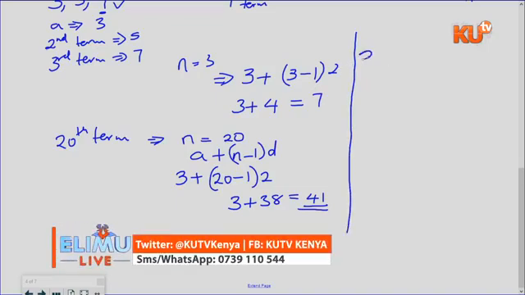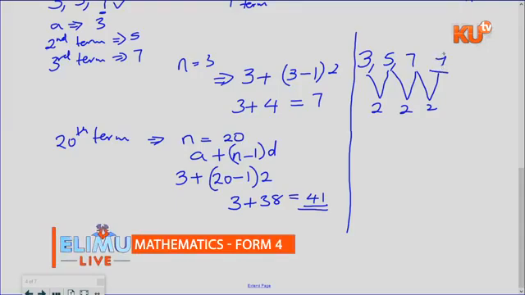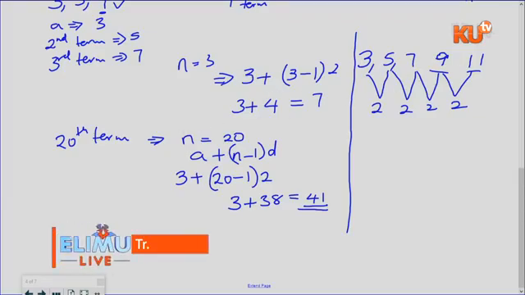What you were drawing was simply this kind of structure or diagram. You draw the difference here, which is 2, and you get the next term by adding 2. Again, for the next one you add 2, and you get 9. You'll find this method takes a lot of time and too much space to get to the 20th term. At this point, I've only written 5 terms, but we've been asked for the 20th term.